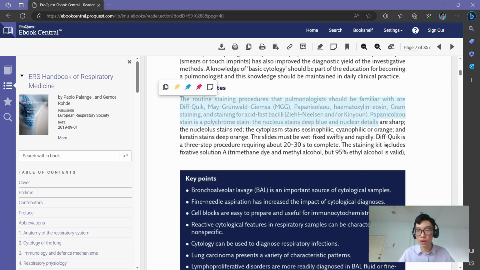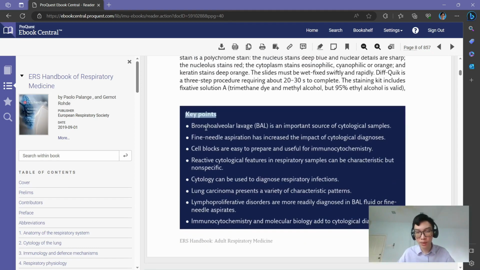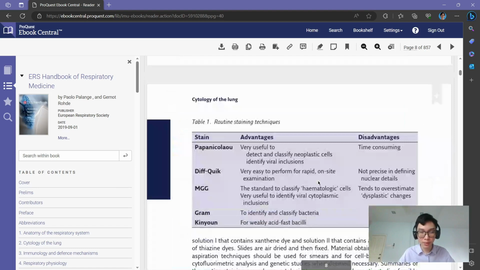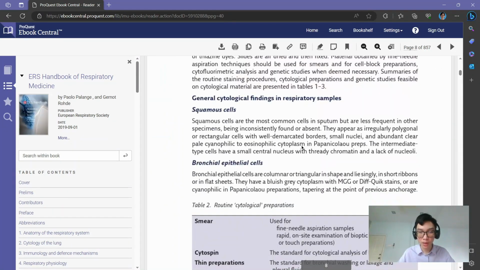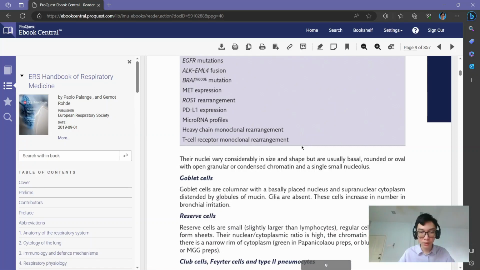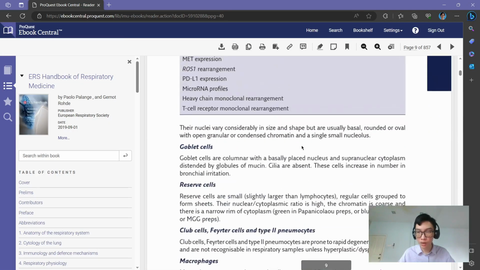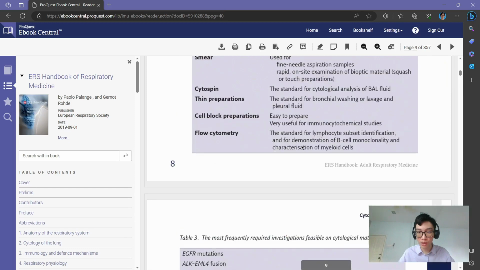So this is good for biomedical scientists and also medicine students if they want to become pulmonologists or pathologists, and they have key points, right? Tables, more tables. You see, it's very in-depth and very structured. It's very good to learn about the diagnostic tools in this particular topic.